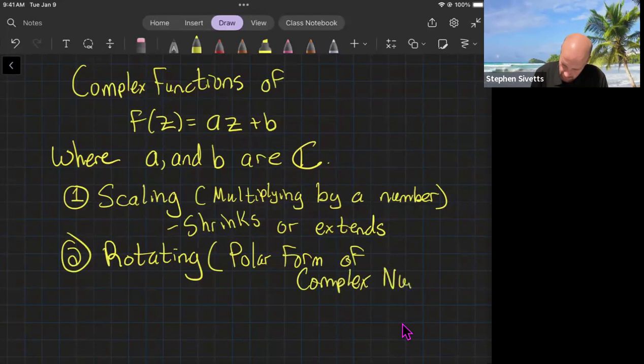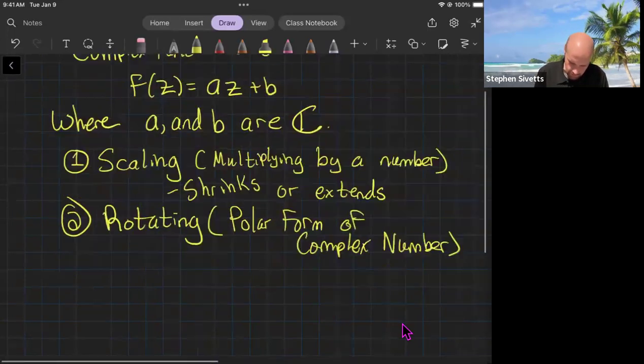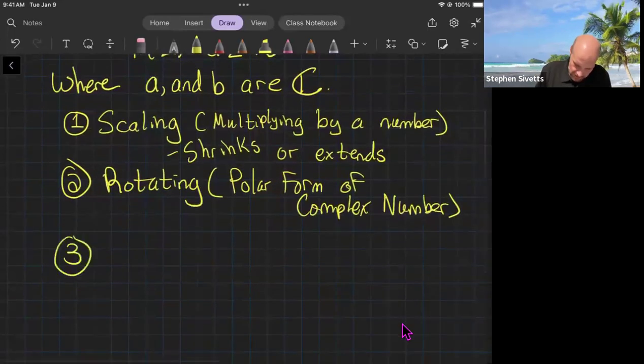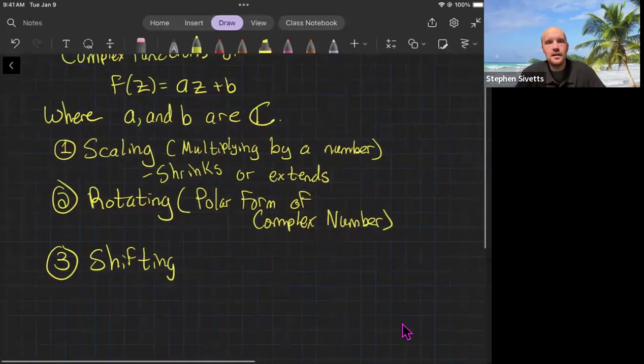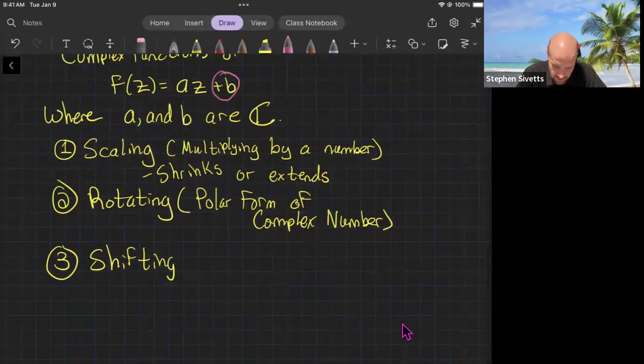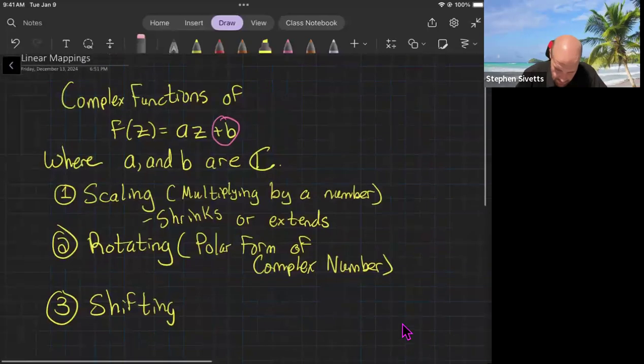The last thing is a shifting. So if you add a complex number to another one. So usually this quantity right here will deal with the shifting factor. Okay, so this quantity will deal with the shift, right?